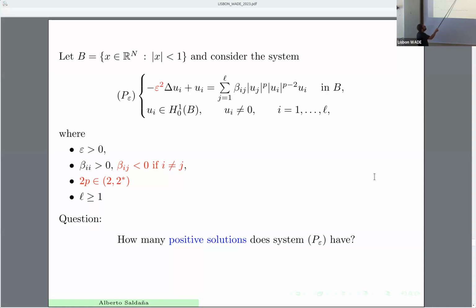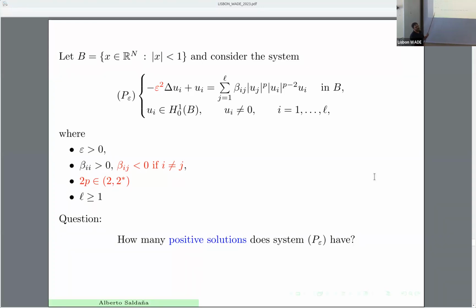We have here the same type of coupling. So my betas are going to be taken positive for the same species and negative for different species. So they are competing for resources. And I am adding here an epsilon. These kinds of problems are called singularly perturbed problems.